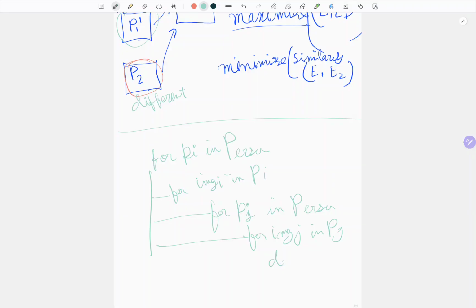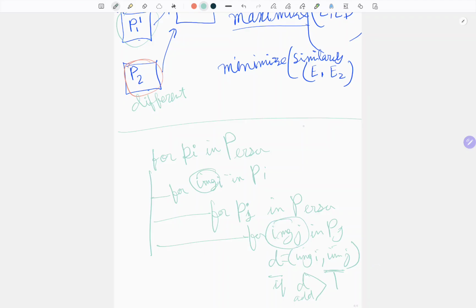We compute the distance between the embedding for image I and image J, and if this distance D is less than a threshold, no, in our case we have to identify whether it is greater than some particular value, then we add this image pair.